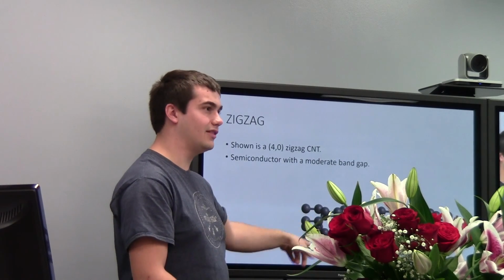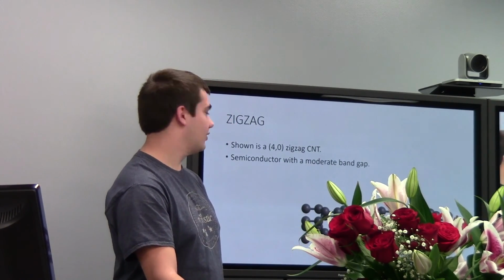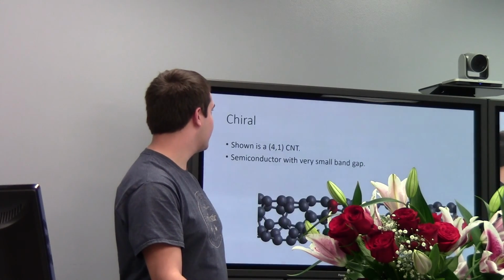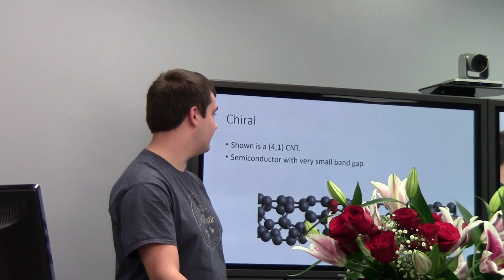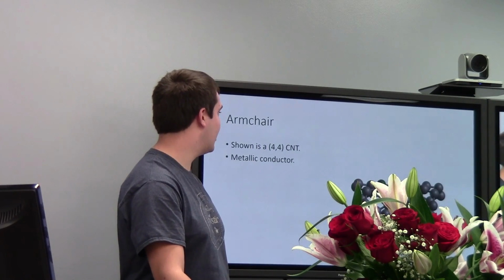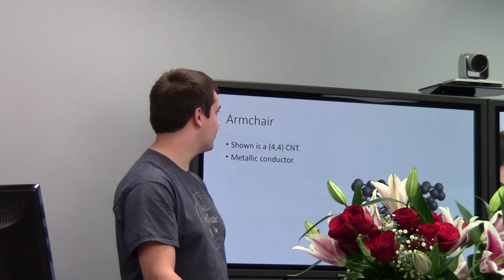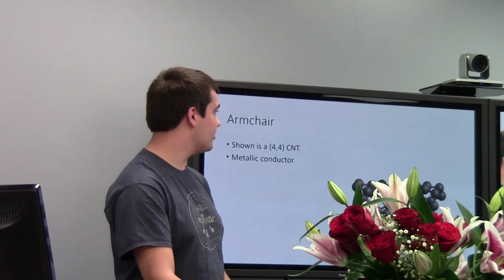I've tried to highlight them in these pictures here so you can get your mind around them. We're going to be using zigzag, but there's also chiral, where it's 2 unique numbers, and armchair, where both of the pair of vectors are the same. So we use the 4, 0.